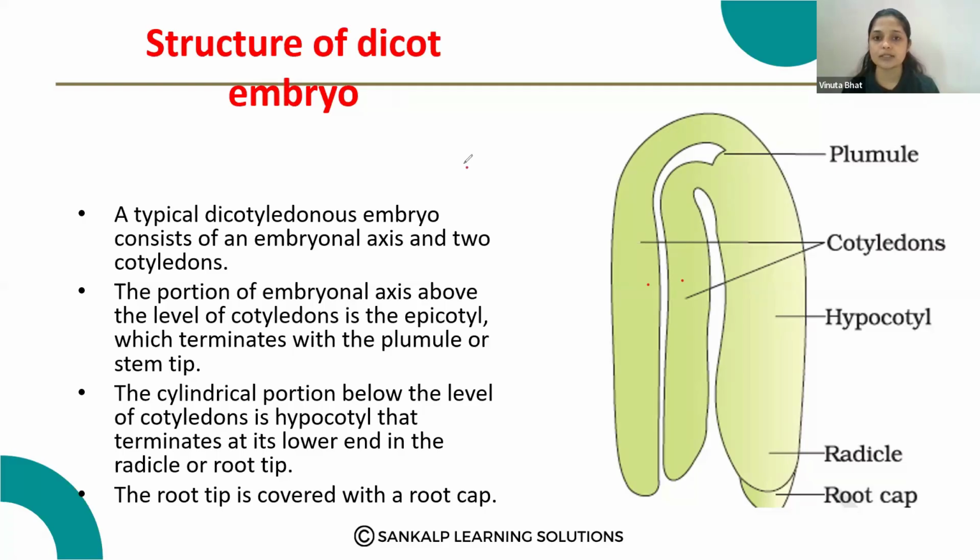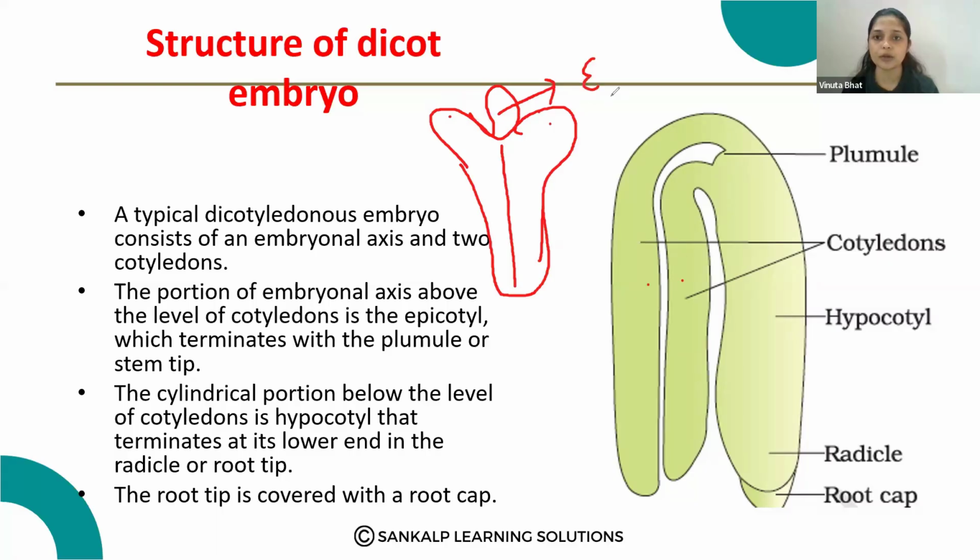So just imagine, these are the two cotyledons, and this is the embryonal axis. The portion above the cotyledons is called the epicotyl.